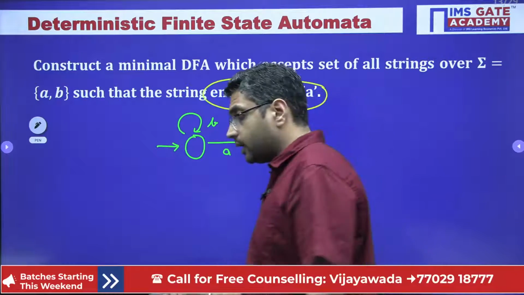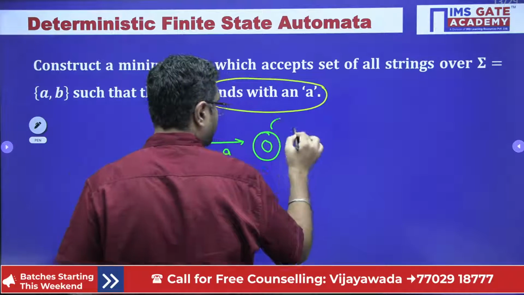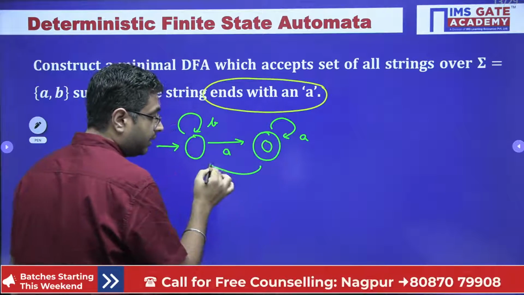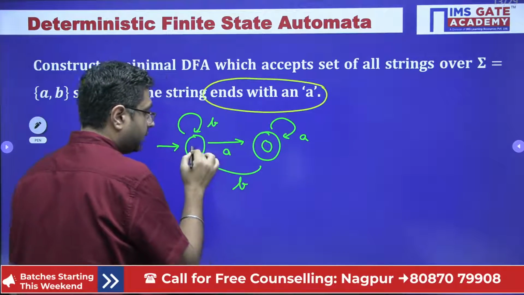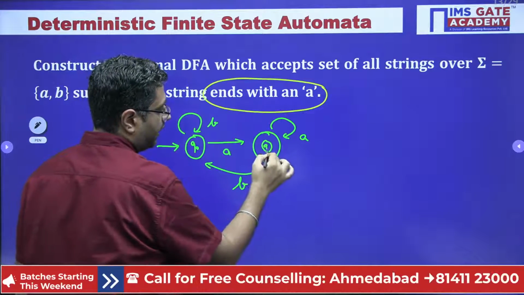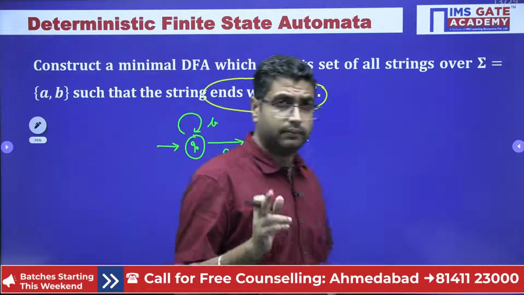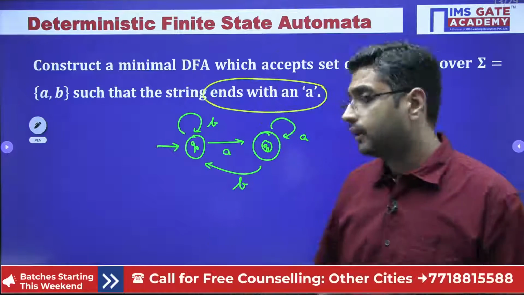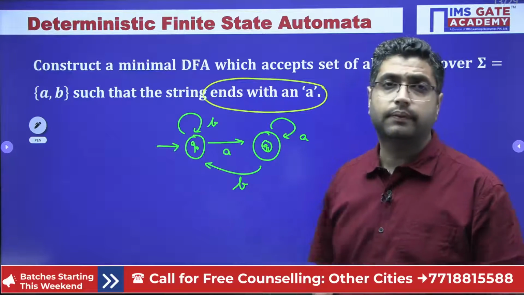But in case if you keep on getting a after that also, then also you are in accepting state. But if you get a b, then you will again come back to the initial state which is q naught. Why? To say that again I am not ending with a, I am ending with b.